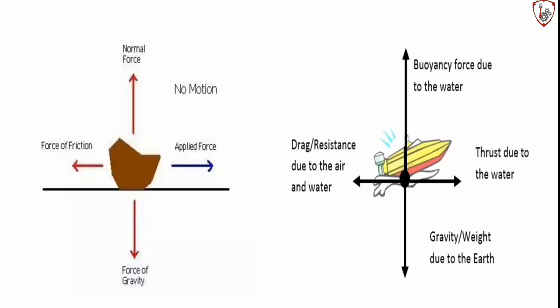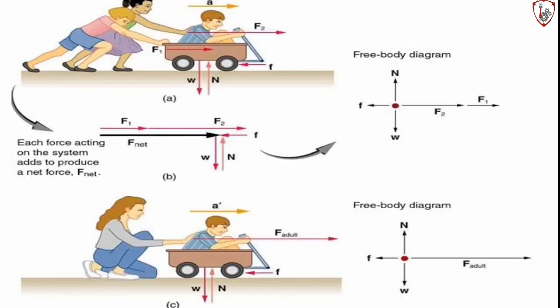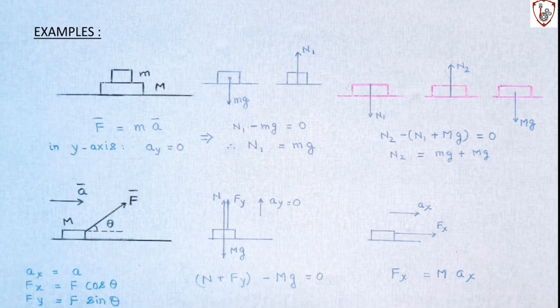We have seen multiple examples to understand free body diagrams. Only three things you have to remember in this chapter while solving problems related to Newton's laws of motion: first, understand and find out the system. After that, understand the forces acting on that particular system or body.